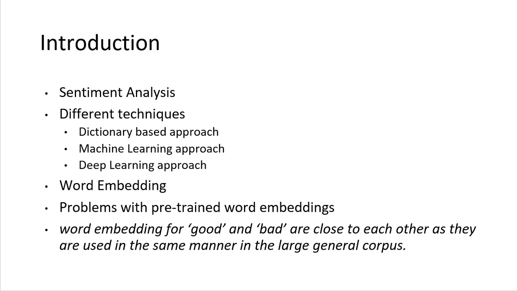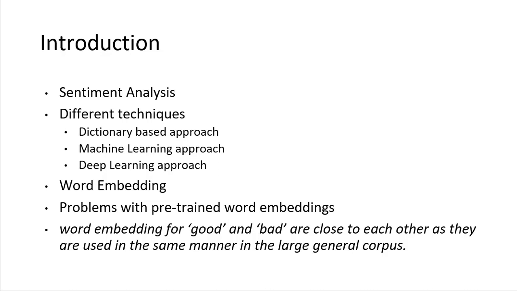In order to handle this problem, the deep learning approach was introduced. In the deep learning approach, we can provide multiple layers in a neural network to identify whether a piece of text is positive or negative.